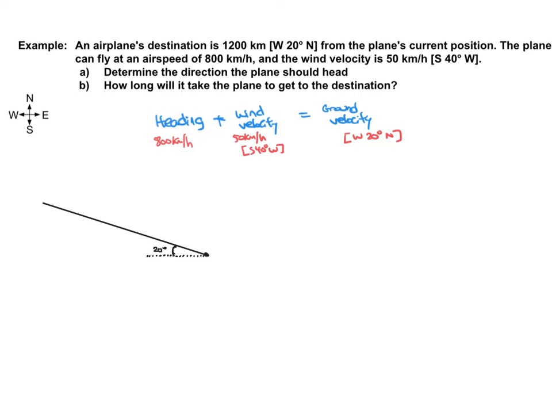Now I'm gonna draw the wind. The wind is 50 kilometers per hour, south 40 degrees west. So I'm gonna draw it, let's say this is my destination at the end of that line there. So I'm actually gonna draw the wind pointing right to that dot. So something like this. This will be my wind. And that's 50 kilometers per hour.